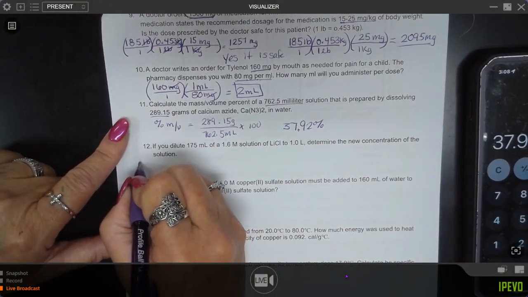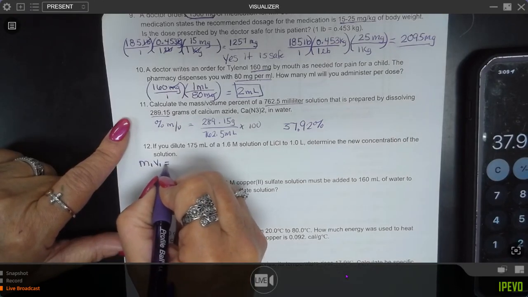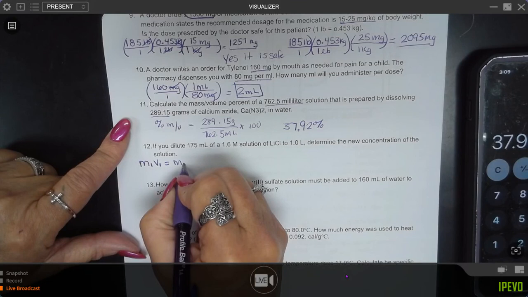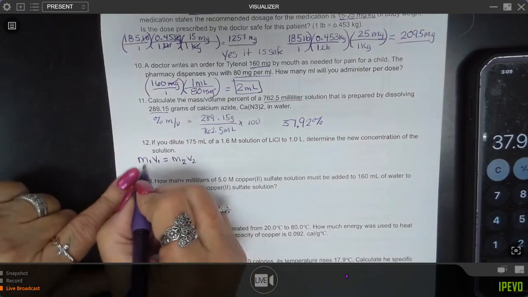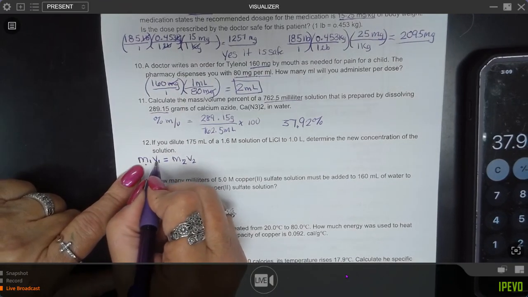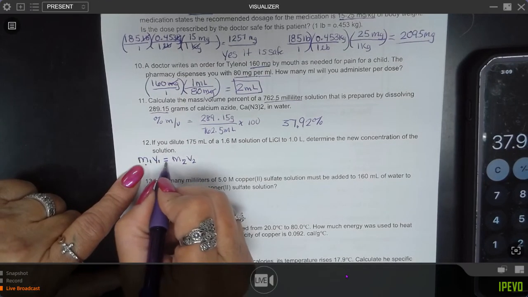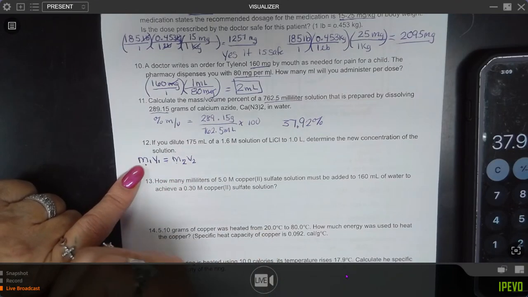All right. This next one is a solution concentration. I don't know if we did any of these, but this is a pretty straightforward thing. We use the equation M1V1 is equal to M2V2, which means the molarity of the first solution times the volume of the solution is directly proportional to the molarity of the second solution times the volume of the second solution.